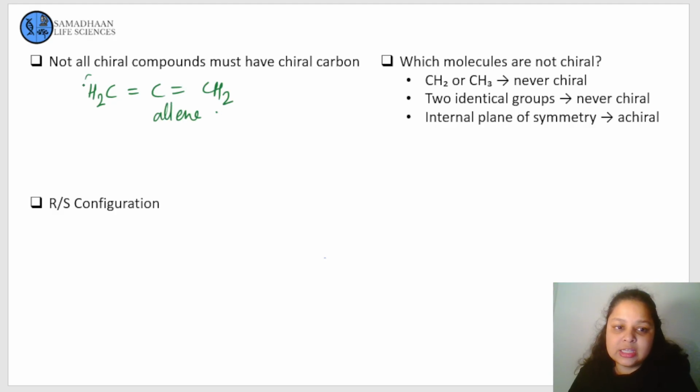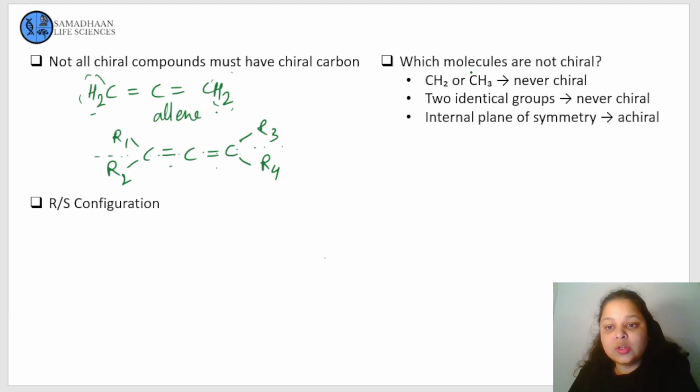If I replace these two hydrogens and these two hydrogens with different groups, for example like this, then for this allene type molecule, rotation along this axis is forbidden because of these back-to-back double bonds. So this is a chiral molecule, though it does not have any specific chiral carbon, because of this axial chirality.